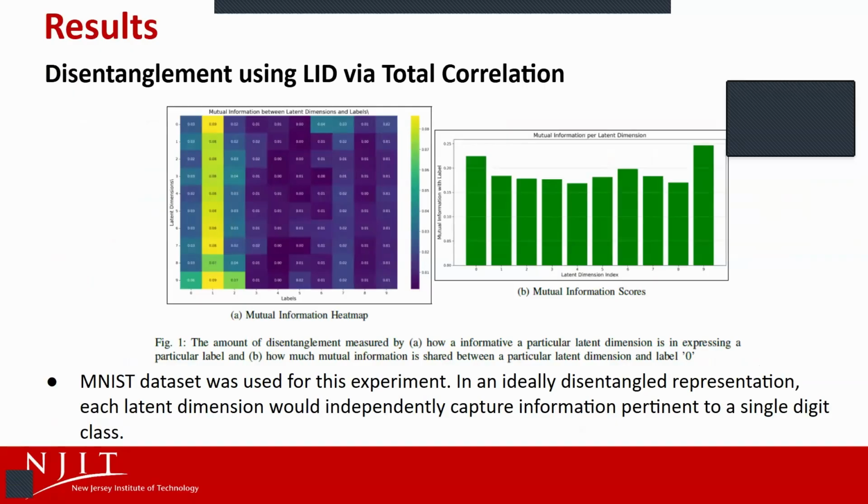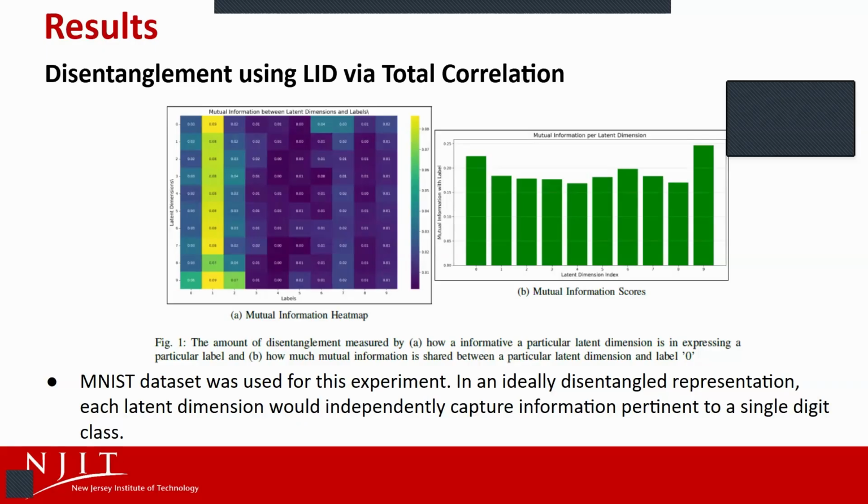In an ideally disentangled representation, each latent dimension would independently capture information pertinent to a single digit class. However, as we can see, most latent features disproportionately capture information associated with digit 1, while exhibiting low information with other labels.